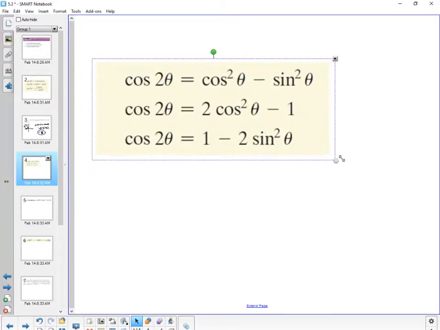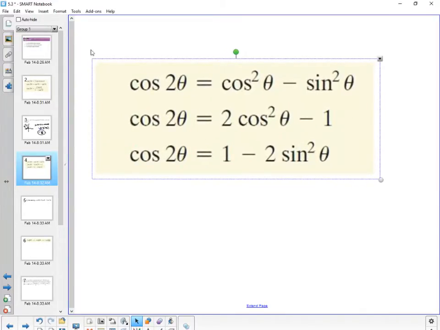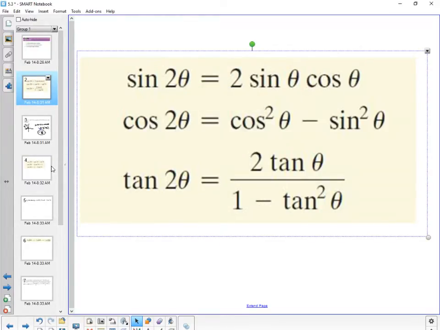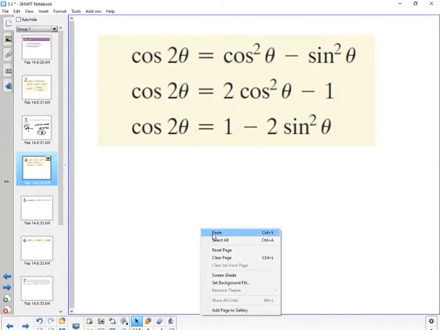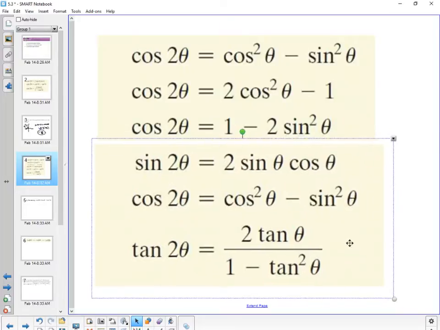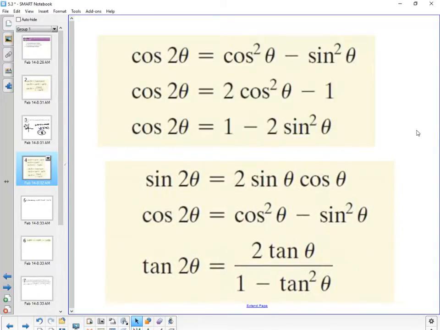These are also double angles, obviously, 2 times theta. But they've mathed them so that, let's go back to here. Copy, paste. So take a look at.